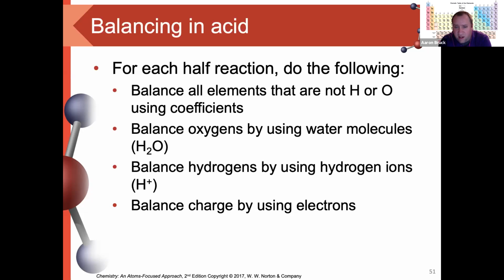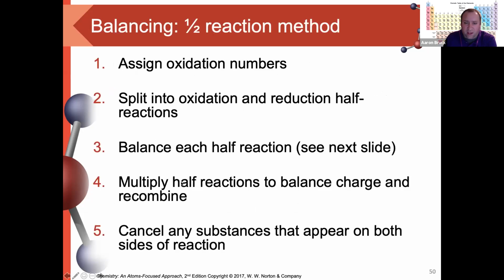We balance the hydrogens using hydrogen ions, H+, and we balance the charge using electrons. And so we would do this for each of the half reactions. And then we'd go back here, and once we had our half reactions, we would multiply them to make sure that the electrons that are being left out by the oxidation are being taken in by the reduction. And then we add them together and cancel anything that's common on both sides.